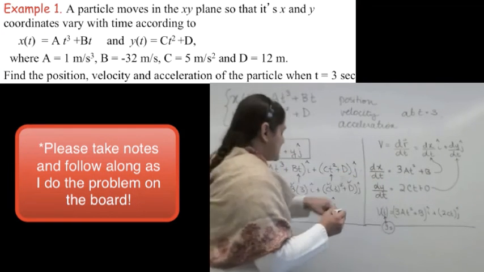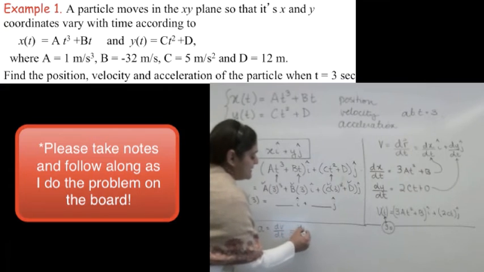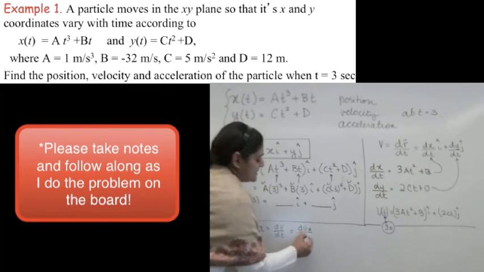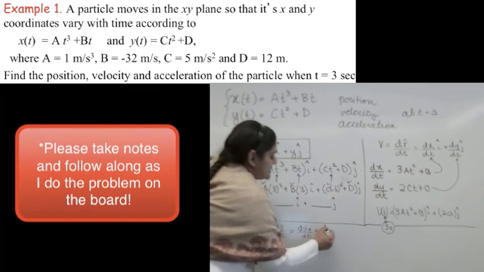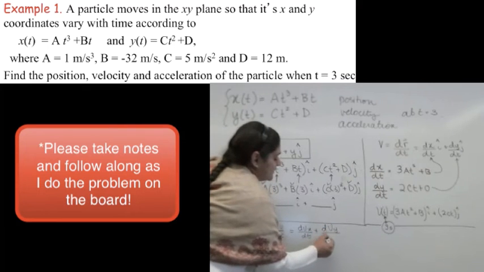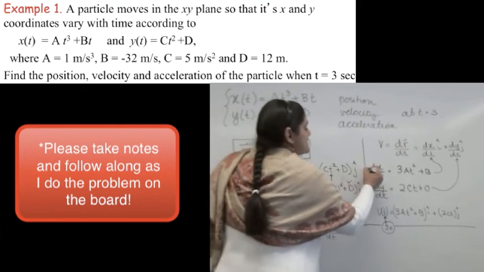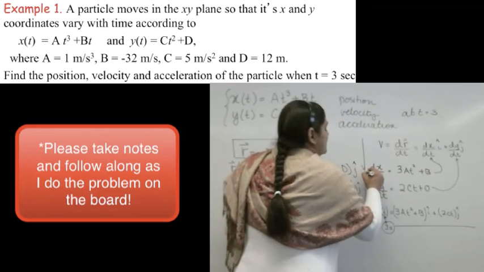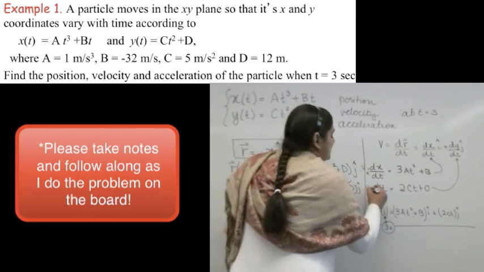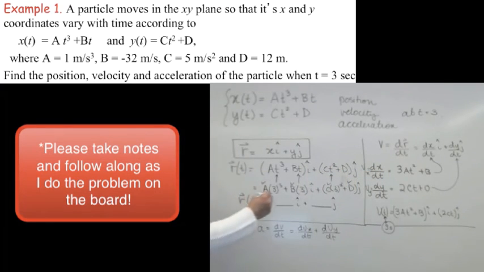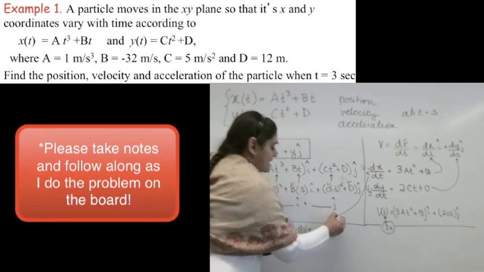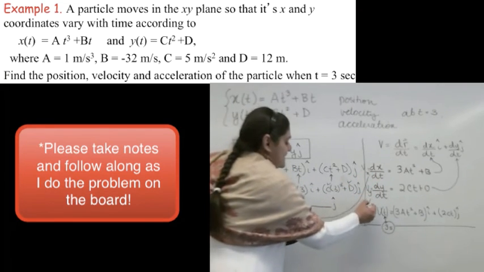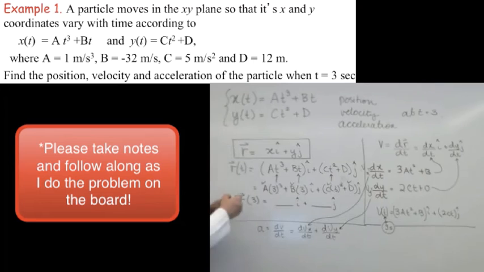This is now going to become dvx over dt i plus dvy over dt j. This is going to be my vx component, and this is going to be my vy component. Then I will have to plug in this value here and this value here and solve it, which I can easily do.